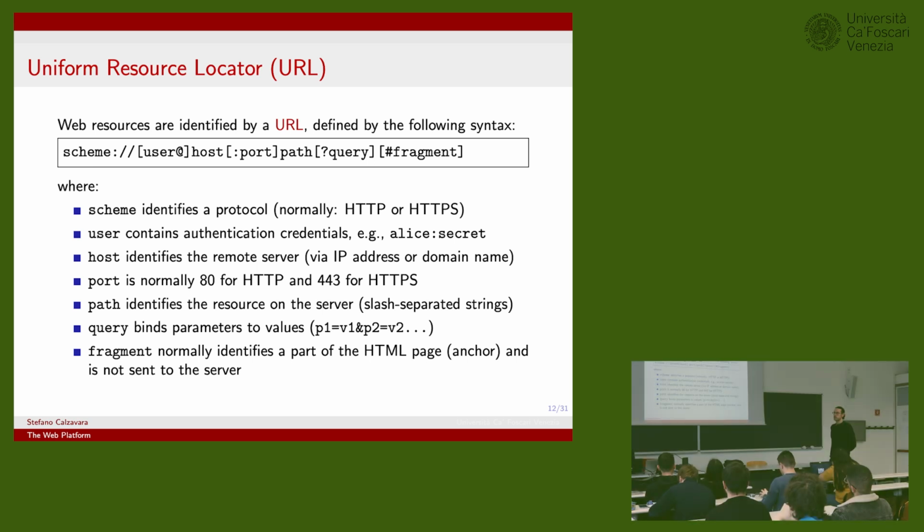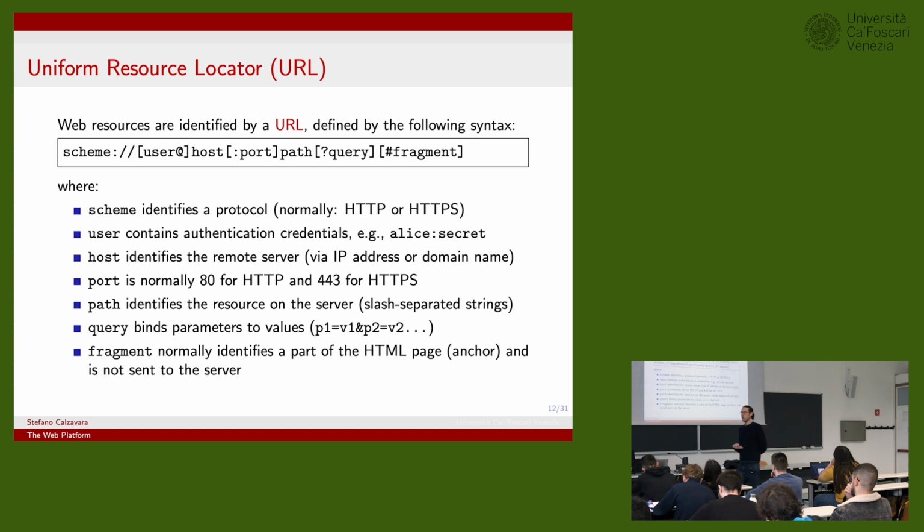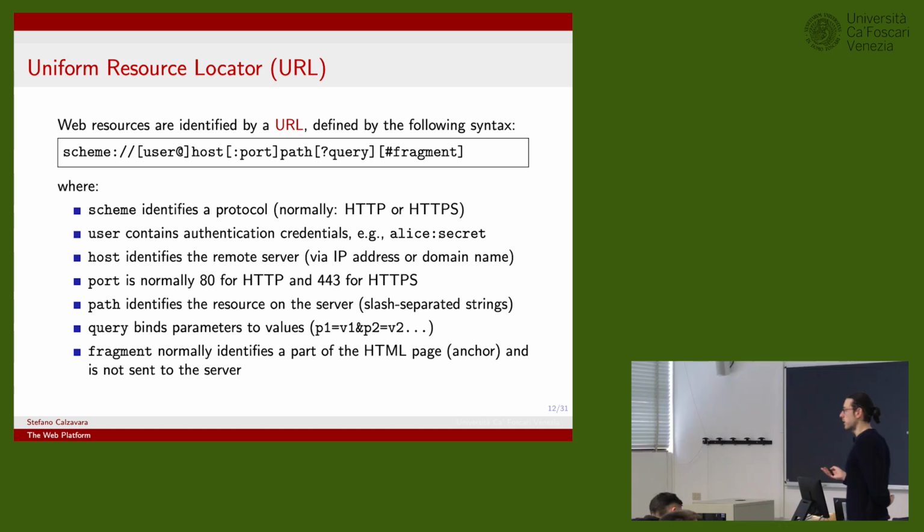How can you access something using HTTP? You are probably familiar with the concept of URL. What is a URL? It's a Uniform Resource Locator. So it's a way to refer to some resource which is hosted somewhere on the internet. You're already familiar with simple URLs, for example, www.facebook.com.